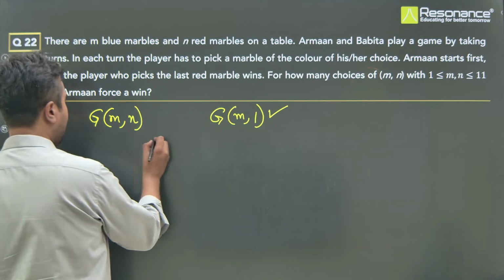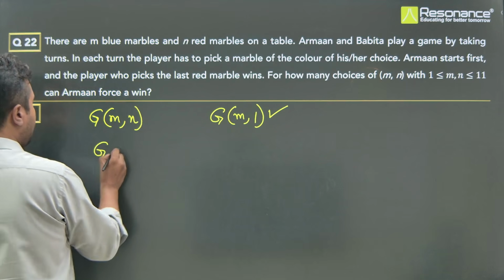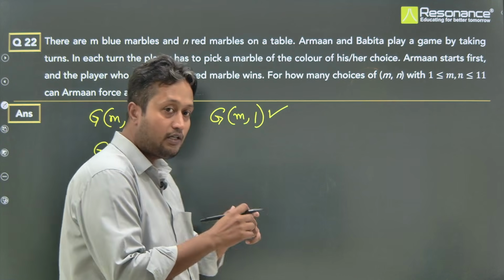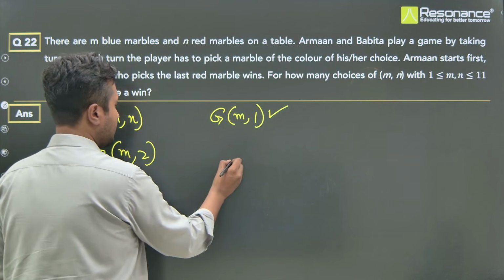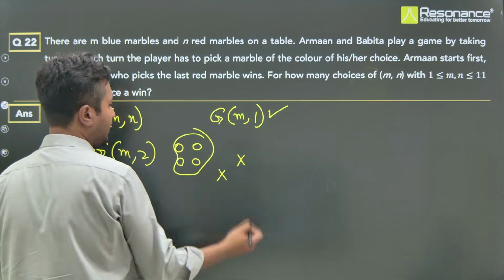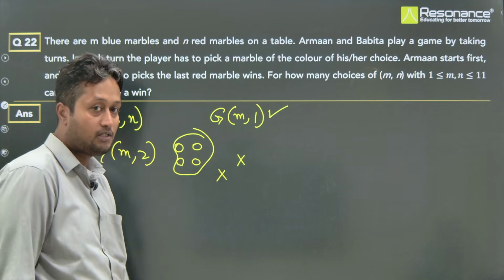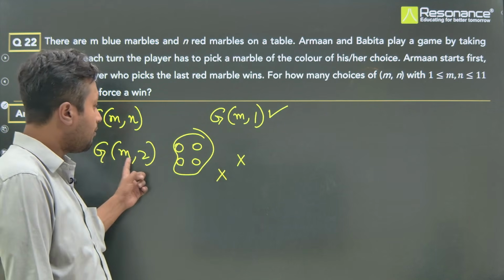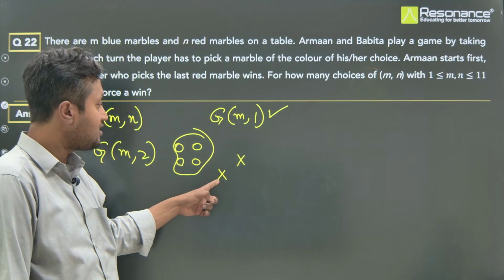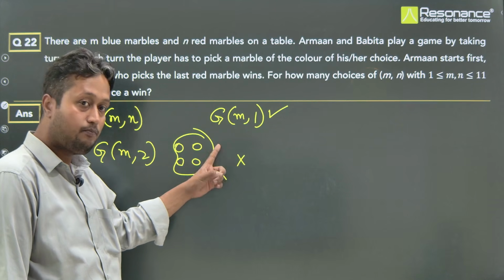Okay. Now let's think about G(m, 2) and see what's going on. So now there are two red marbles in this situation, maybe lots of blue marbles over here, right? But only two red marbles. Now think about this. Arman should not be picking that red marble in the very beginning, because if he does that, then Babita will pick that and she'll win.